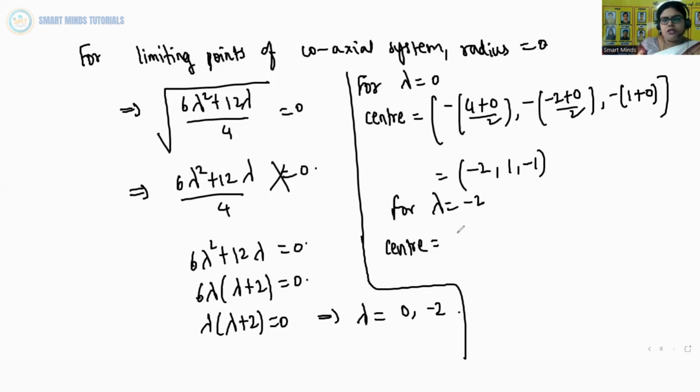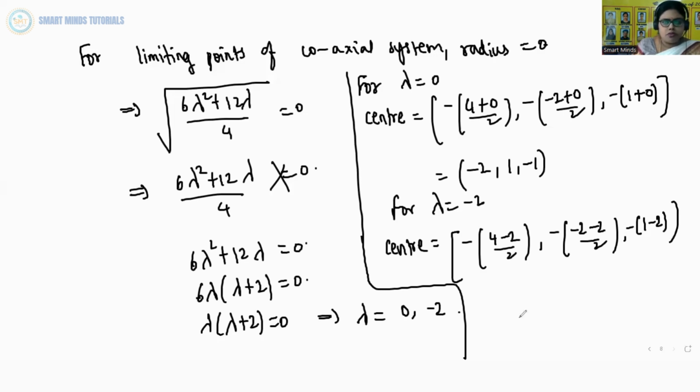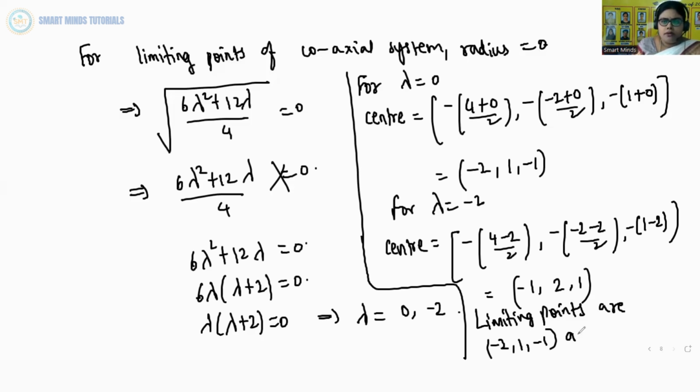We need to substitute lambda is equal to minus 2 here. So you get minus of (4 minus 2) by 2, comma minus of (minus 2 minus 2) by 2, comma minus of (1 minus 2). So that is minus 1, 2 and 1. So these are the limiting points. So limiting points are minus 2 comma 1 comma minus 1, and minus 1 comma 2 comma 1.